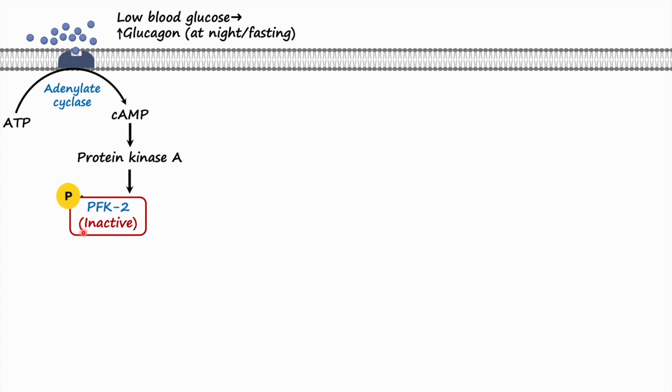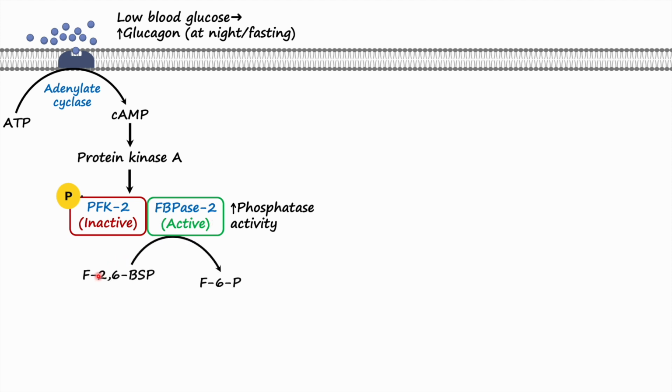That means it inhibits the kinase activity and it activates the phosphatase activity by activating the fructose bisphosphatase 2 enzyme. As a result, the level of fructose 2,6-bisphosphate is reduced by converting fructose 2,6-bisphosphate into fructose 6-phosphate, and the reaction also releases inorganic phosphate.